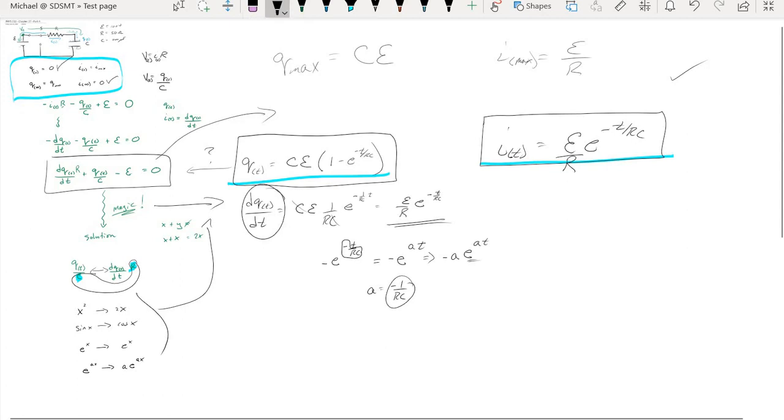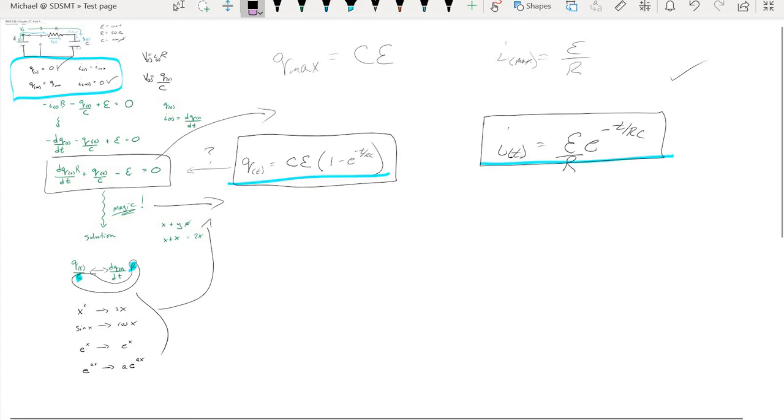Well, the first thing that we need to look at is the product of the resistance value and the capacitance value. And this is basically where we get the title for this section of the chapter, which is RC circuits. In both of our time-dependent expressions, we end up with e to the negative t over RC.